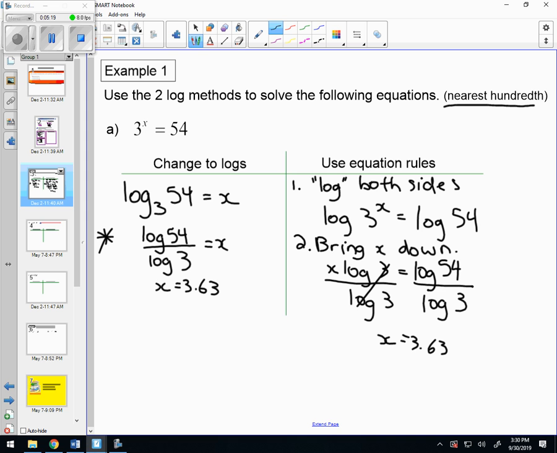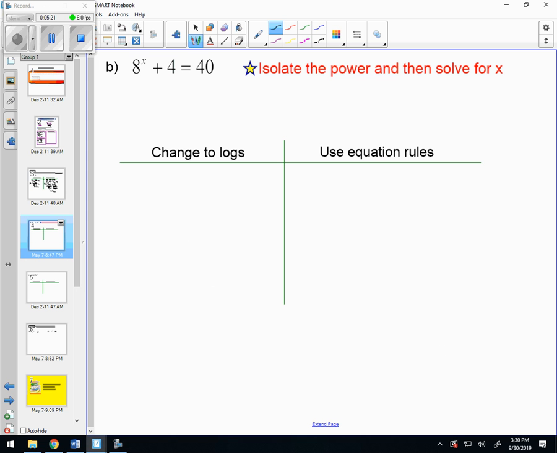All right, next example. Getting a little bit trickier. We have to add a step in at the beginning, which says isolate the power, and then solve for x. So isolate the power means that this 4 is on the wrong side, and we need to move it. So I need to subtract 4 from both sides first. I get 8 to the power of x equals 36.